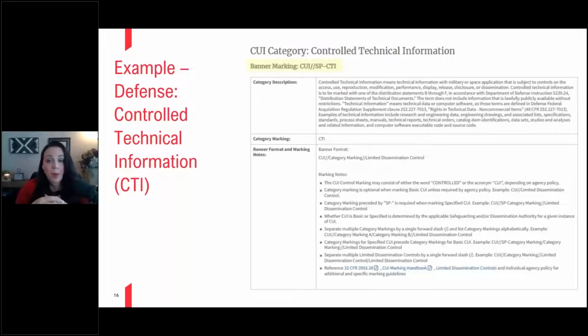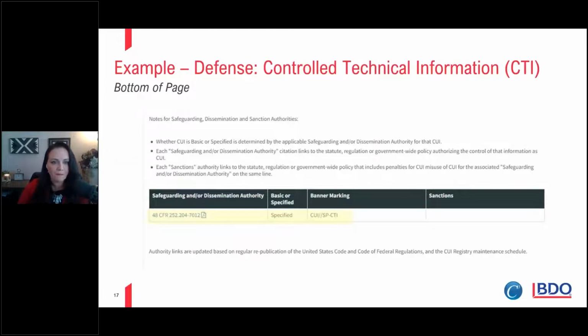A lot of these categories will look very similar, but to get more information, you scroll down to the bottom of this category and they will have 48 CFR information that you can click on to get more specific information on what applies to this category.